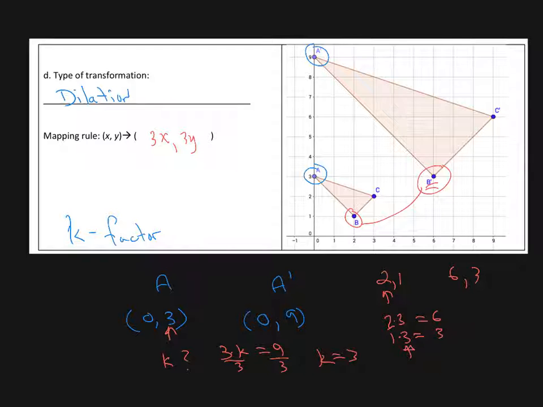So it looks like that K value equal to 3 sends us from B to B prime, so everything checks out there. And it might be helpful to just say, by the way, this is an enlargement. That reminds us that the K factor is greater than 1. Okay, next.